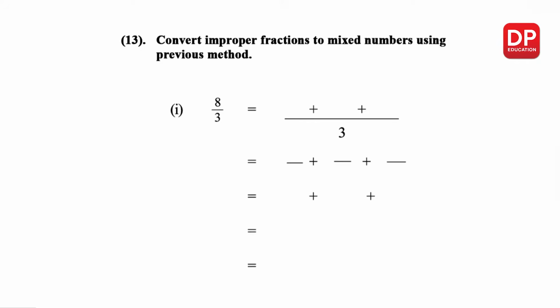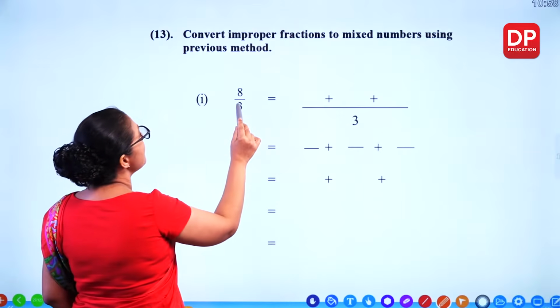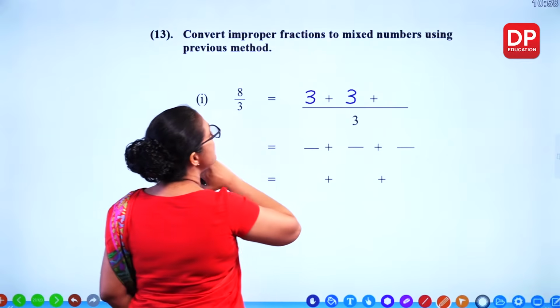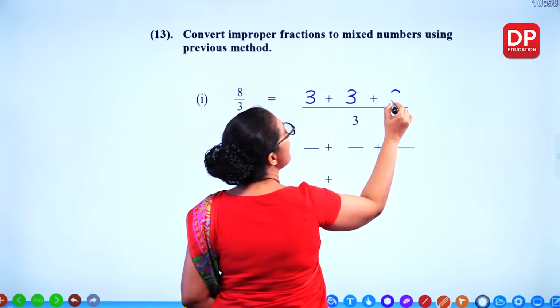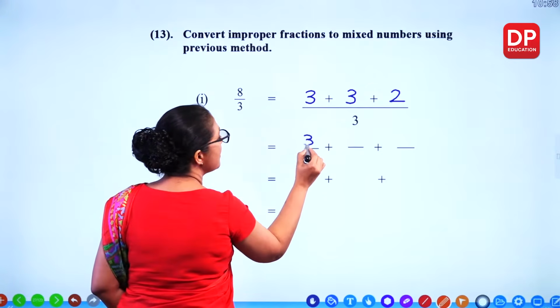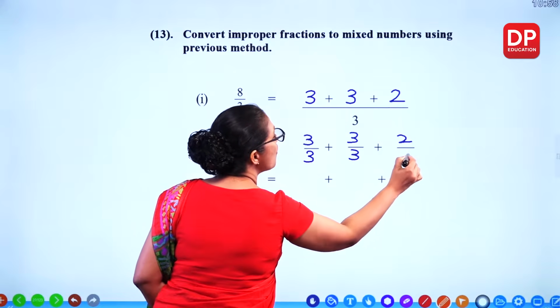Look at this question. Convert improper fractions to mixed numbers using the previous method. So how can I write 8 over 3? I can write this as 3, 3. That's 6 and another 2. Then I can write separately 3 over 3 and 2 over 3.